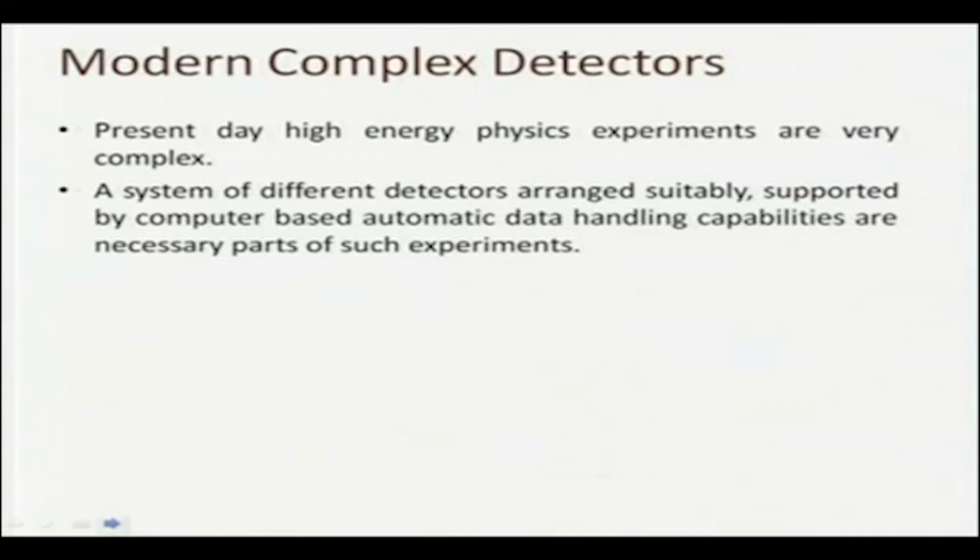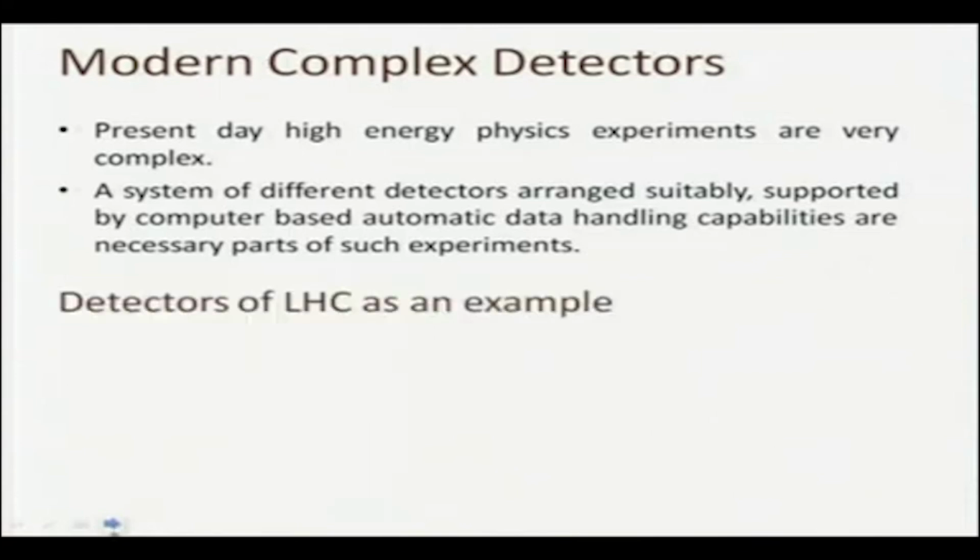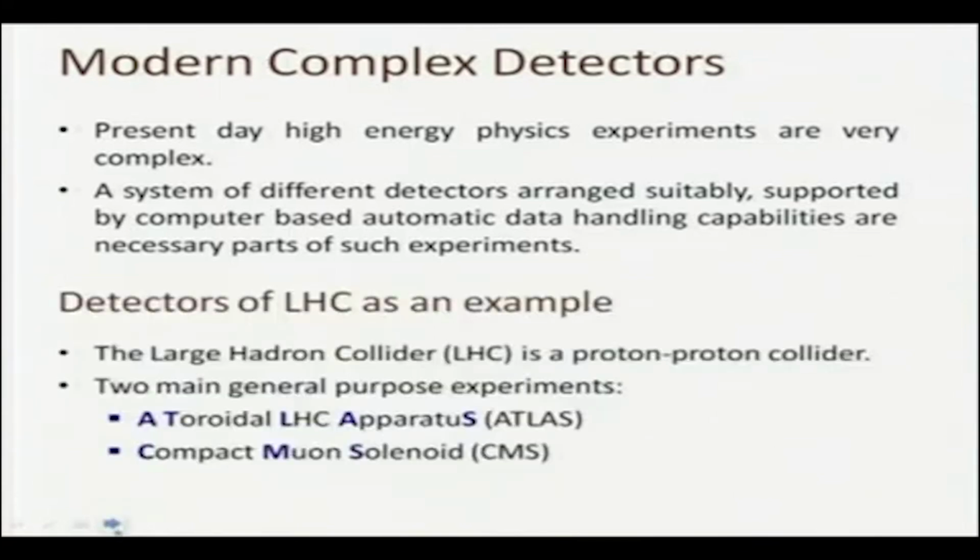A large amount of data will be generated, and we have to have a system to handle all these things. All of this arrangement together makes a complex detector, of the kind used these days. As an example, we can think about the detectors of the LHC.